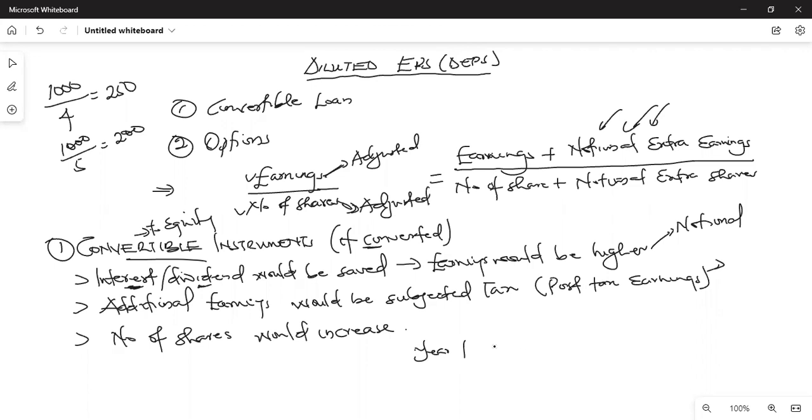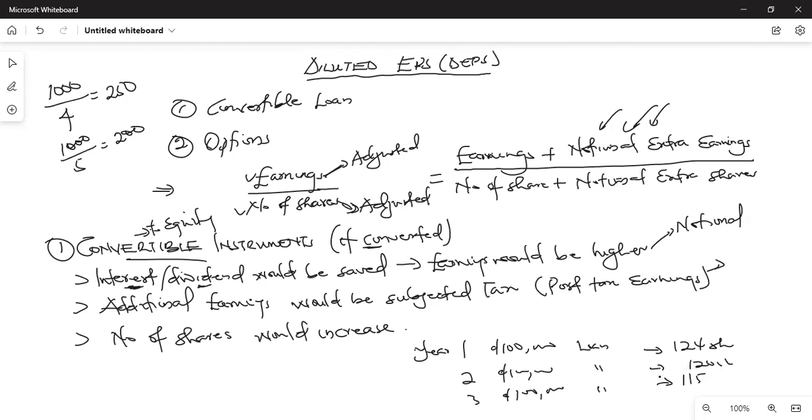Maybe you have what, 100,000, the same loan, and when you convert it, you have 124 shares. The same loan in year two, all right, if you convert it, you have like 120 shares. In year three, at the same price, all right, you convert, you have, let's say, 115.